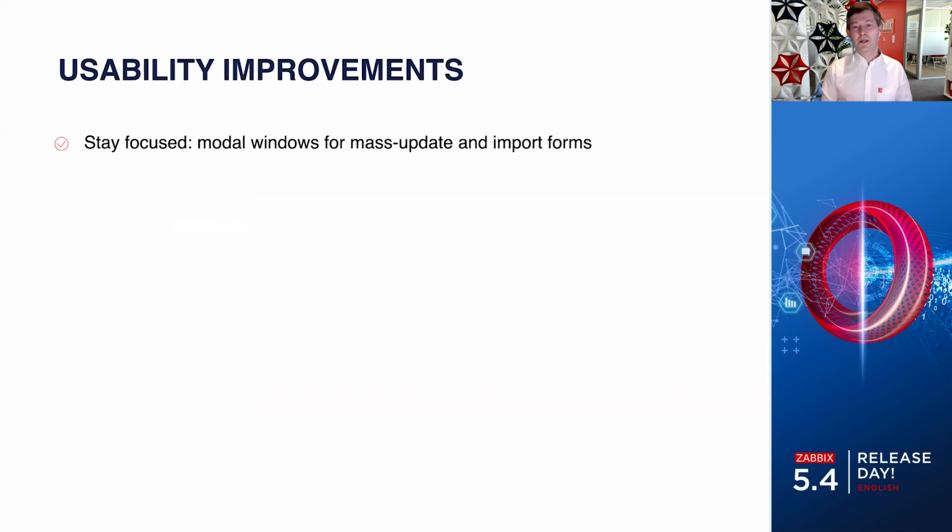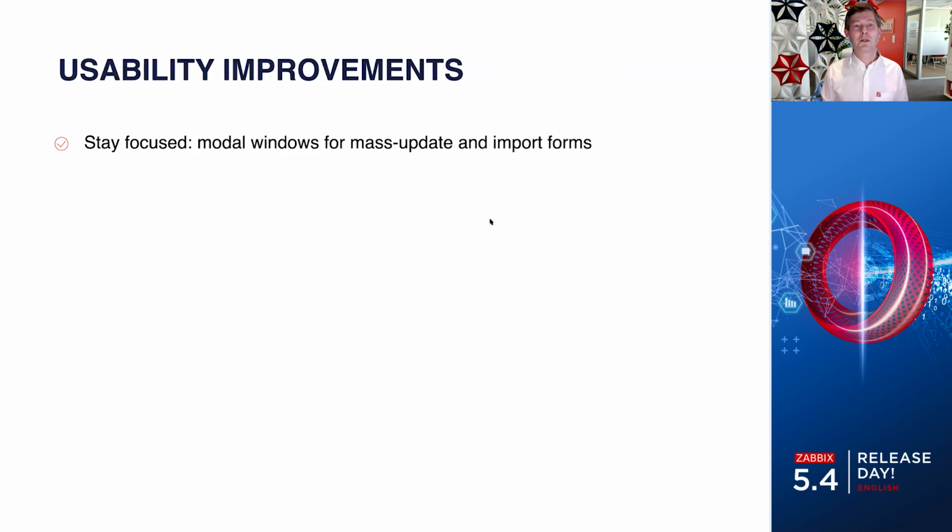What else? In Zabbix, there are, I would say, some usability problems: quite often we jump from one page to another, maybe from graphs to latest data, from latest data to, say, monitoring hosts. And we are working on this. We are thinking how to improve the usability. What is important is to keep users focused on what they do.